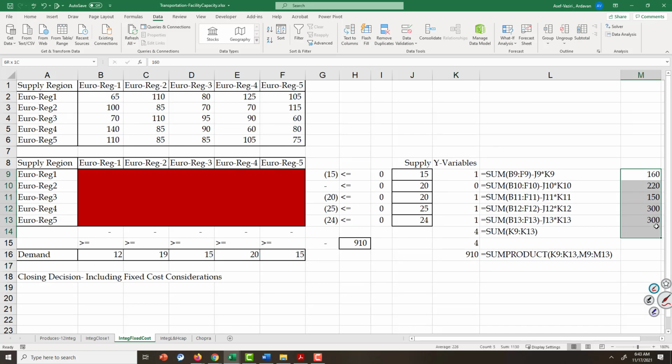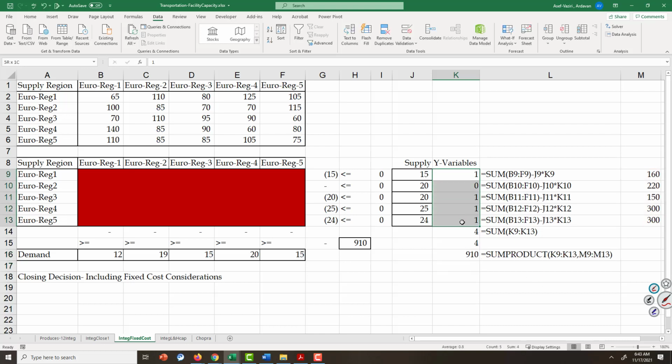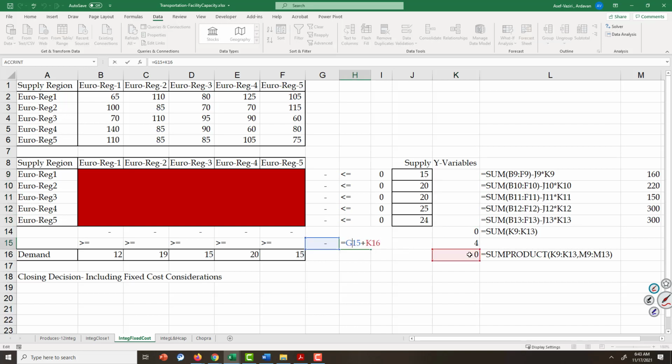Now suppose we also have operational costs of each factory. Then the problem will remain the same. The only thing I need to add to the problem: I come here and I multiply these binary variables by their corresponding costs. And then go ahead and add this value to my previous objective function.